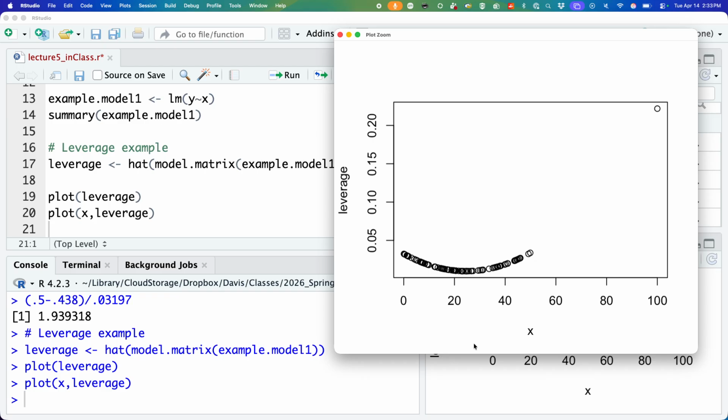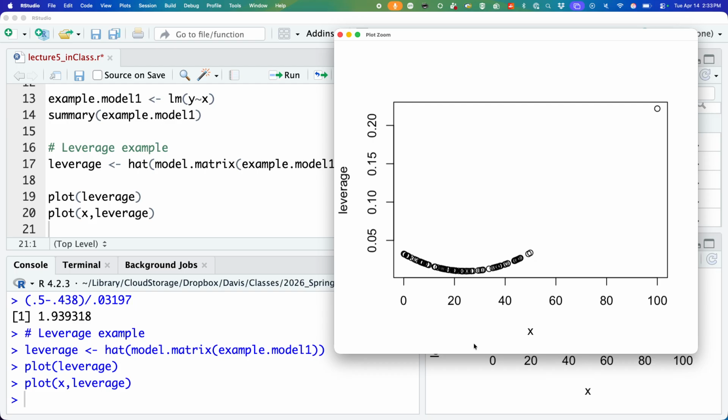You can almost think of this as a lever, hence leverage. Points farther out along x at either end are by nature going to have more leverage because of the way that this is defined.